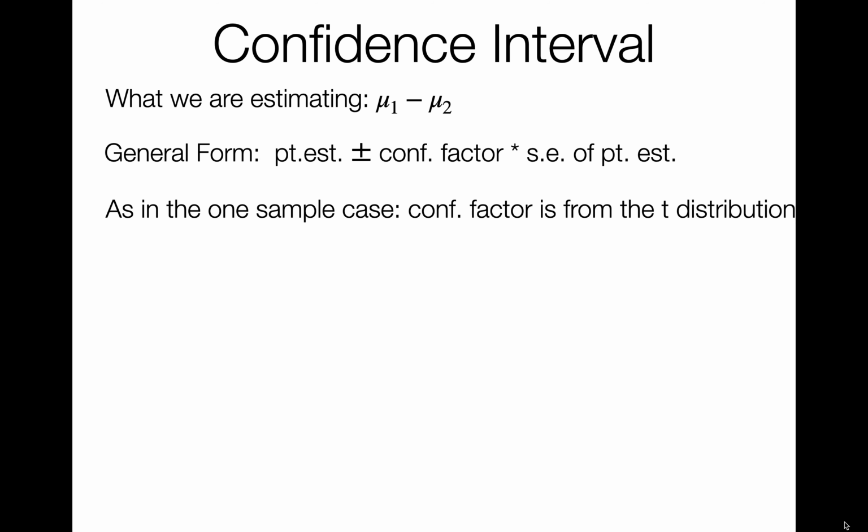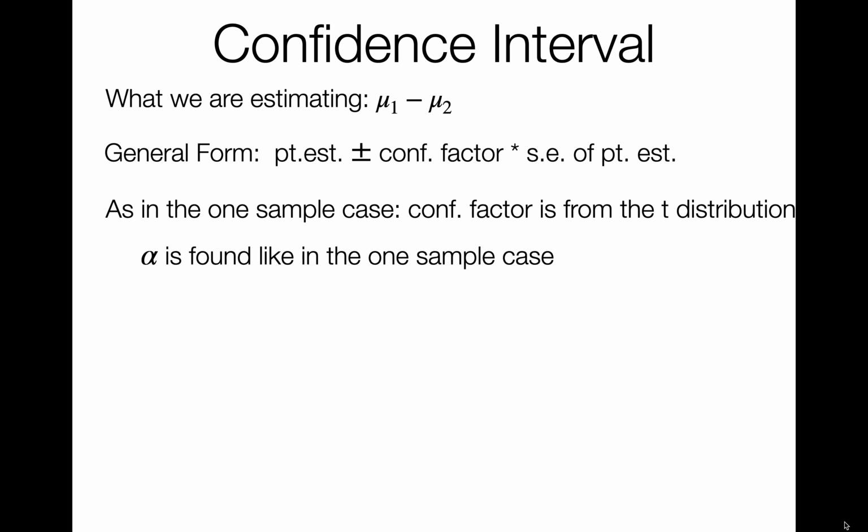As in the one sample case, that confidence factor is going to come from the t distribution, not the normal distribution. Alpha is found the same way as in the one sample case. If I have a 95% confidence interval, alpha is 0.05. Then you divide by 2 for a two-sided confidence interval, and so you'd get 0.025.